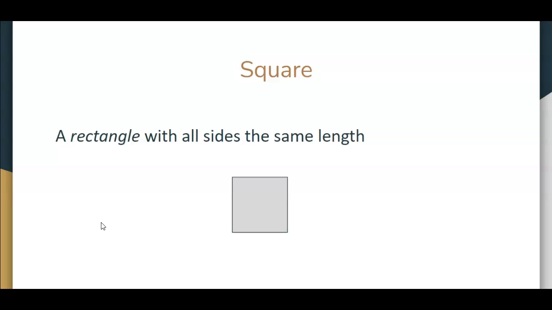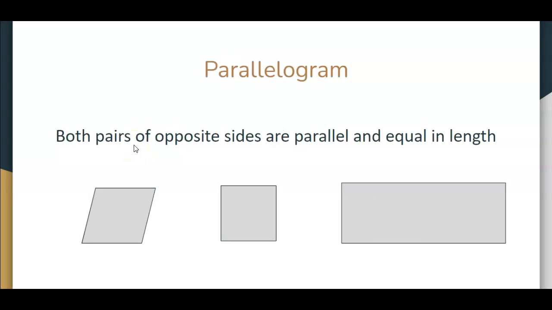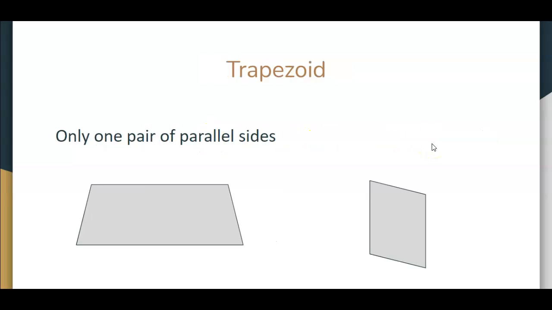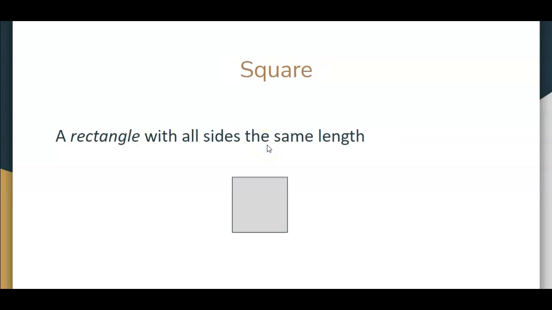And finally, we have a square. The definition for a square is that it has to be a rectangle first. It has to meet that definition. So both pairs of sides are parallel and equal. It has to have four right angles.